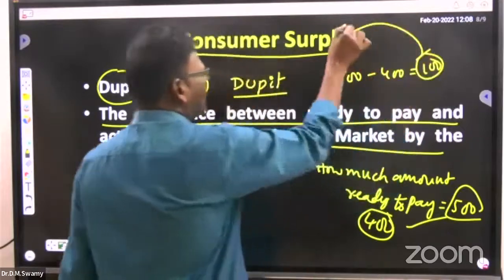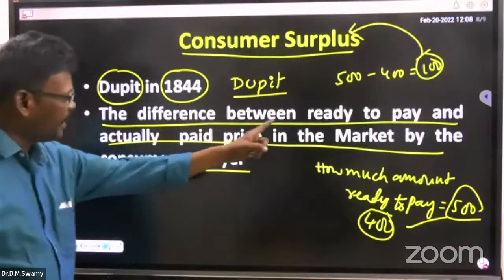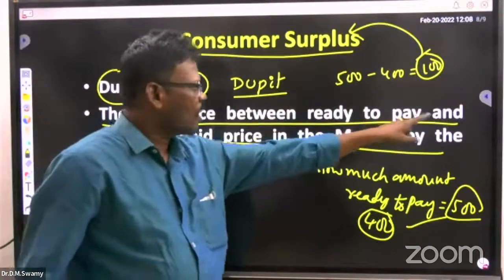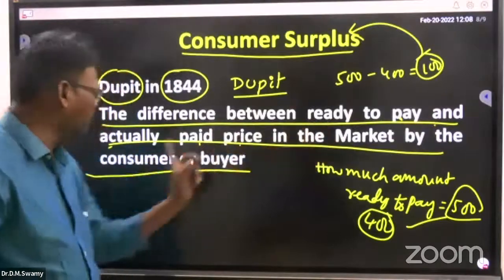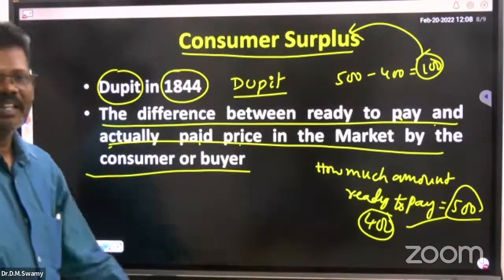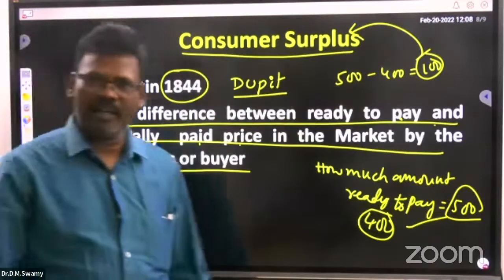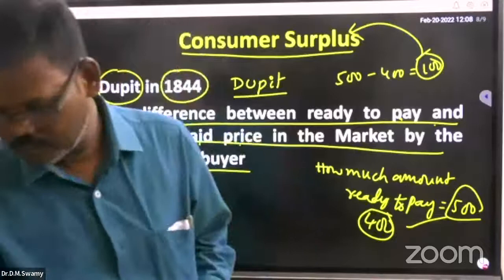This is known as consumer surplus. The difference between the ready-to-pay price and the actual price paid in the market by the consumer or buyer is known as consumer surplus.